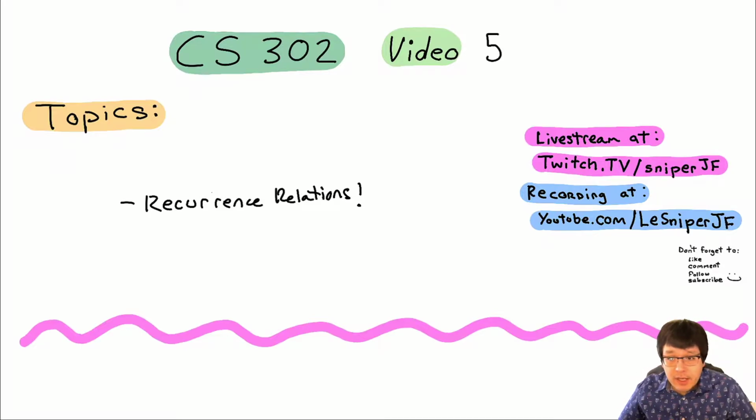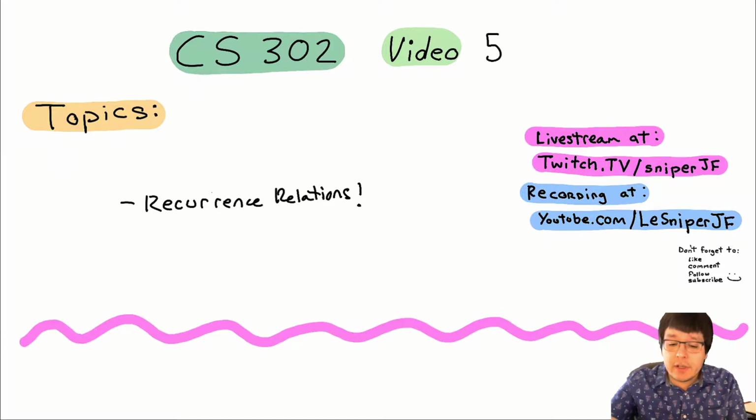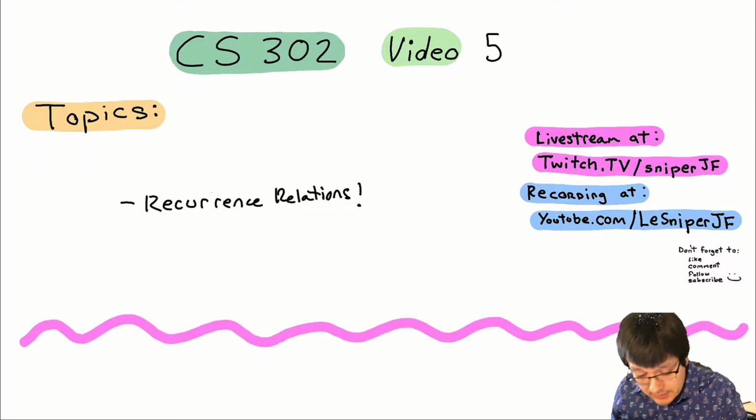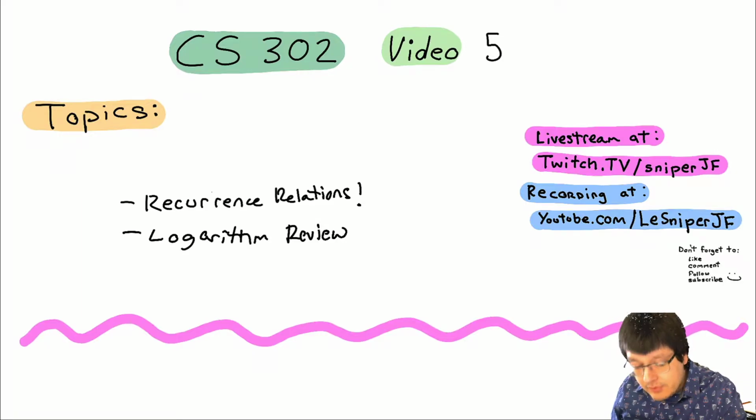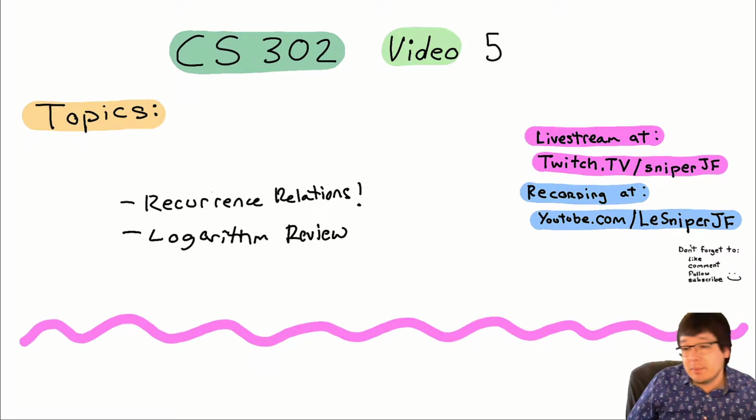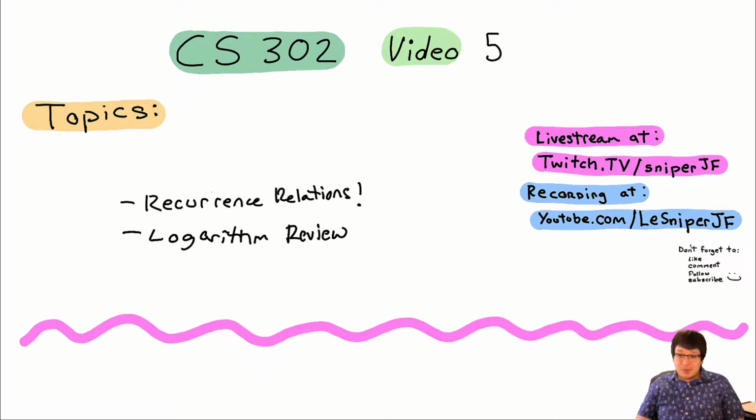But before that, I want to do a quick review on logarithms. I really should have added a log review here. There we go, logarithm review, because we want to start looking at recurrence relations that are not just plus 1, minus 1, times 2, or divided by 2.